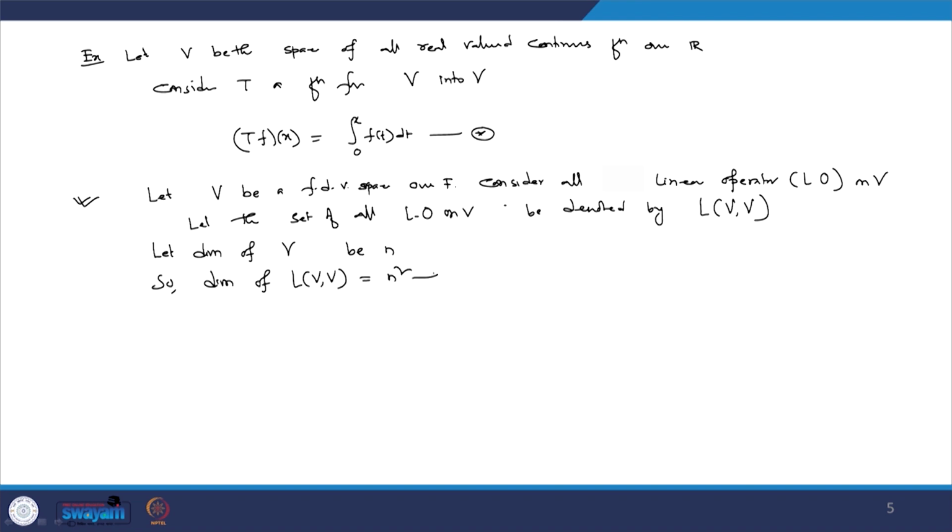According to our last results, here also one can construct n square linear operators on V, which will act as a basis for the space L(V,V). And this L(V,V) is a vector space. This we have already done, exactly the same way we did for L(V,W). So, I am not repeating that. You can check it. It is a vector space and the dimension of this space will be n square.